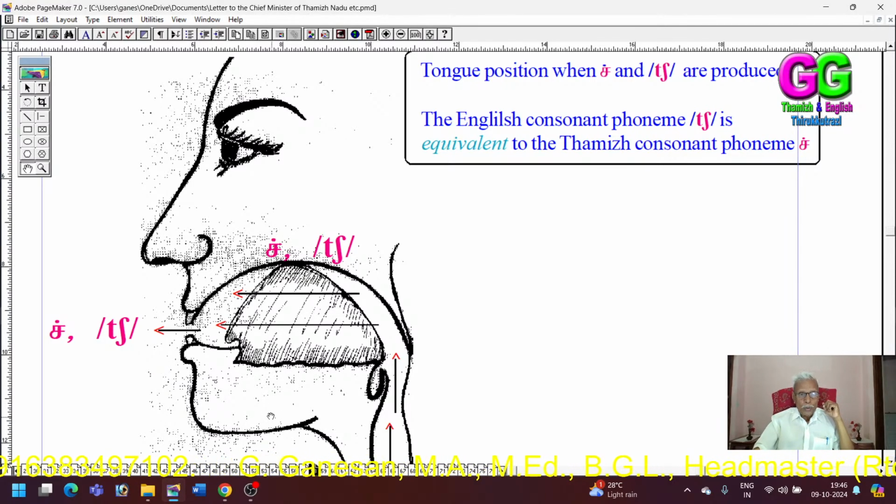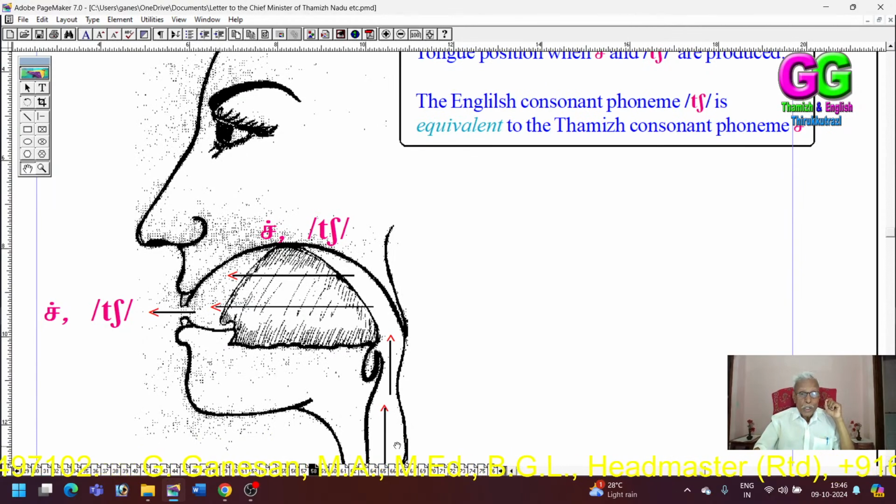Now when we sound, this is the vocal cord. When we sound, the air is pushed out by the vocal cords. This is the air. The pushed out air escapes through the two sides of the tongue.